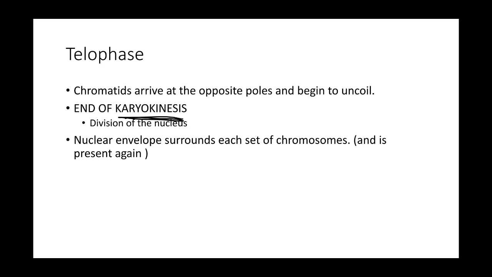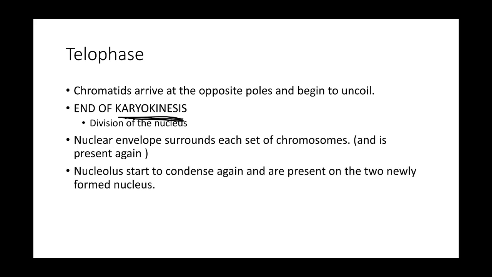Now, during telophase, this is the time when the nucleus will form again. Aside from that, the nucleolus starts to condense again and is present in the two newly formed nuclei. So at the end of telophase, expect that you'll have two nuclei, and inside each you'll have one nucleolus.